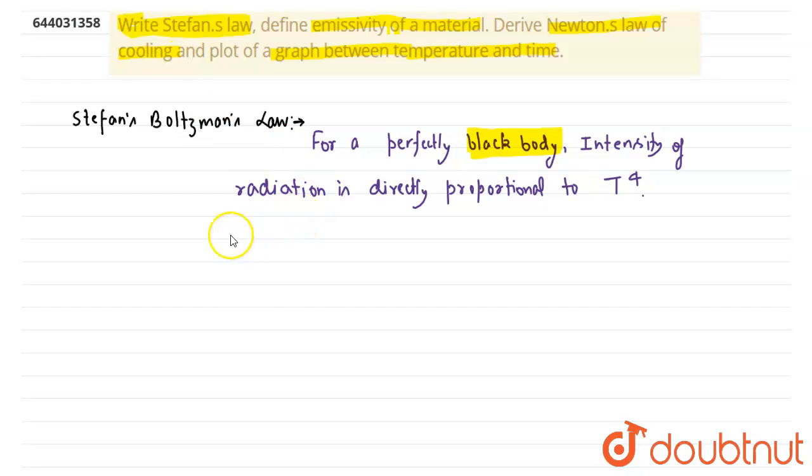And the mathematical form of the law: if the intensity of radiation is Q, then Q will be directly proportional to T raised to power 4.